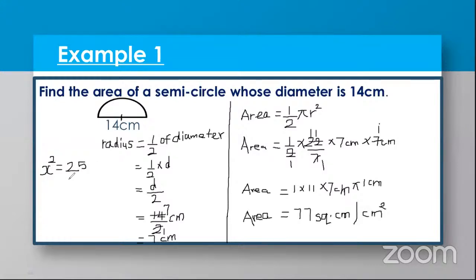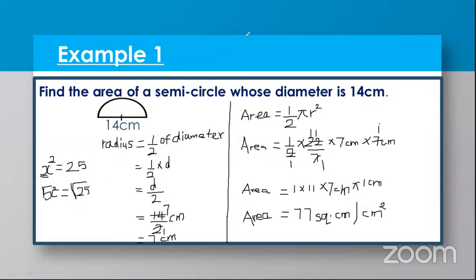Now, because the value for x is not there, that is where you are going to say the square root of x squared is equal to the square root of 25. Are you seeing that? That is a situation where you bring in square root. When you are looking for the value of x, you bring in the square root. Have you understood that?